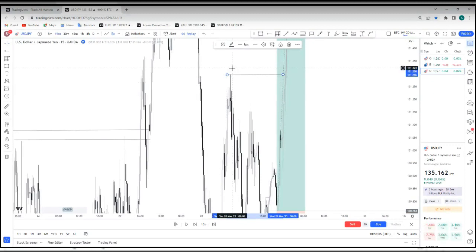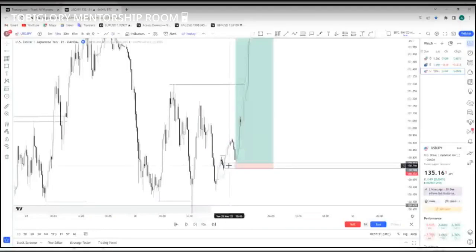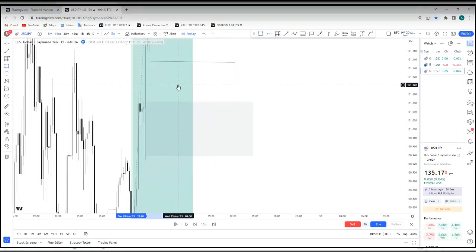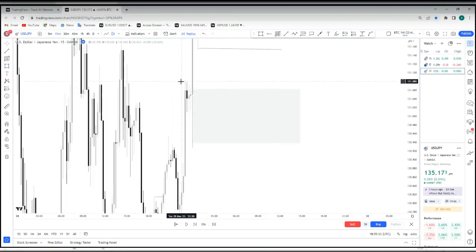This place has been mitigated, and we have high, low, high, low. Can I call this place my internal liquidity for this area? For this area, because we have another imbalance. Let me delete this thing. We have another imbalance here.